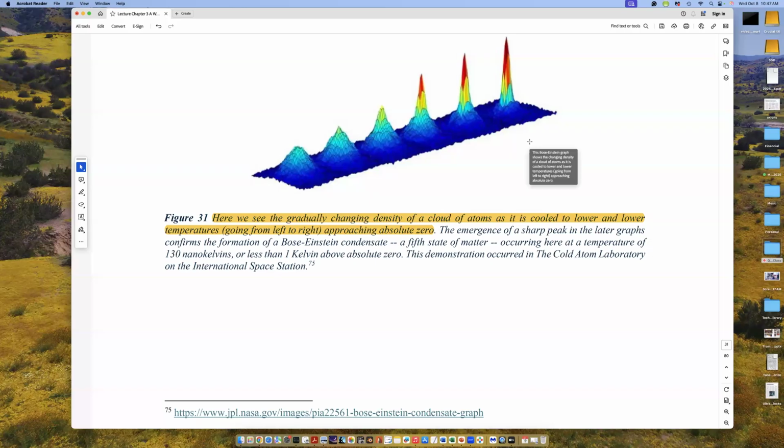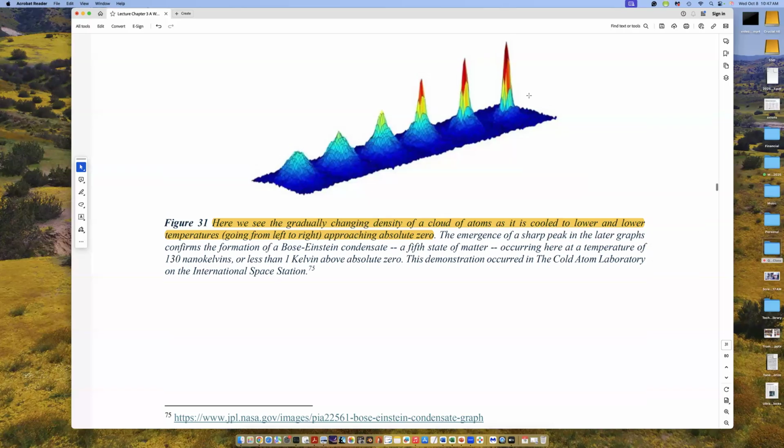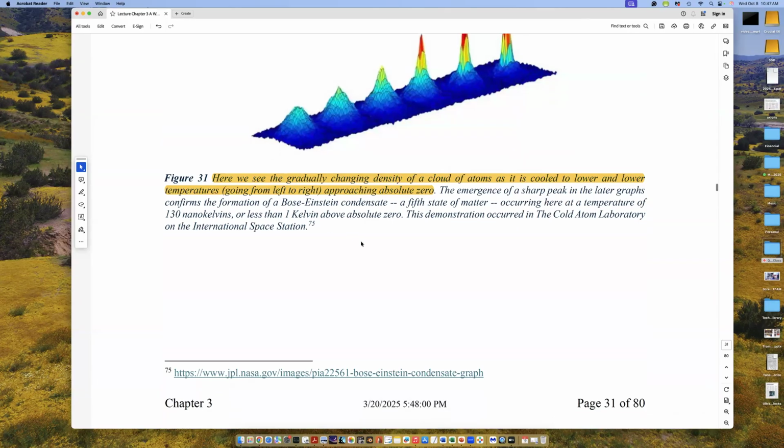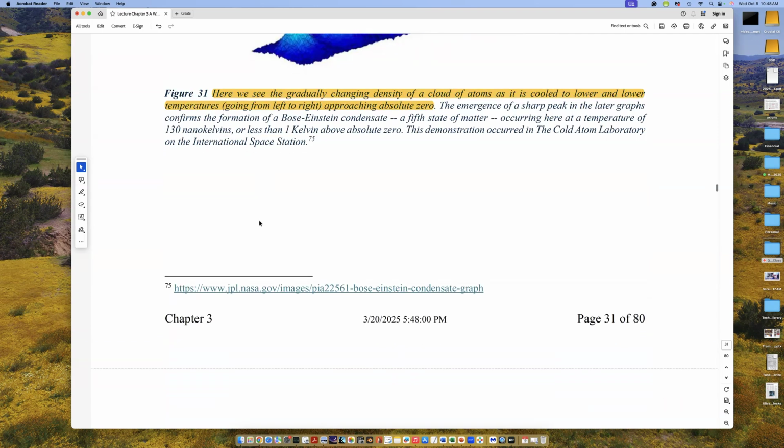So you can do experiments with this kind of exotic material. To do that, again, you have to be able to get down to extremely low temperatures. Here they're talking about 130 billionths of a degree above absolute zero.